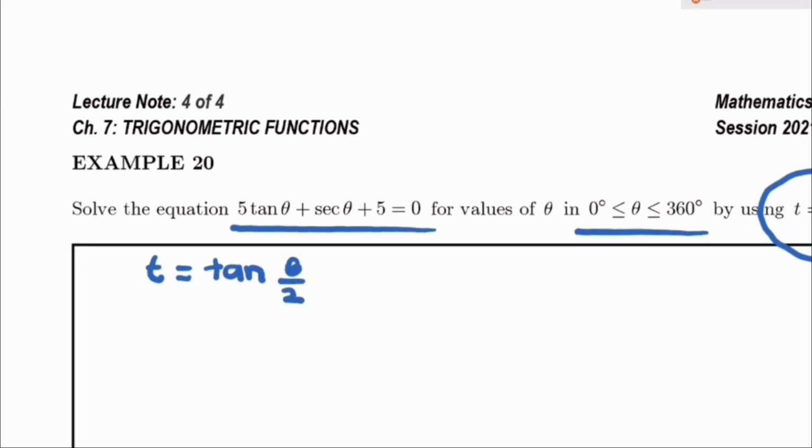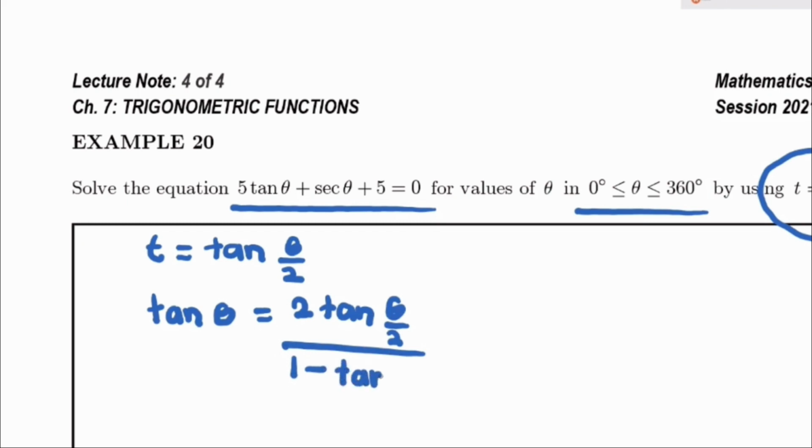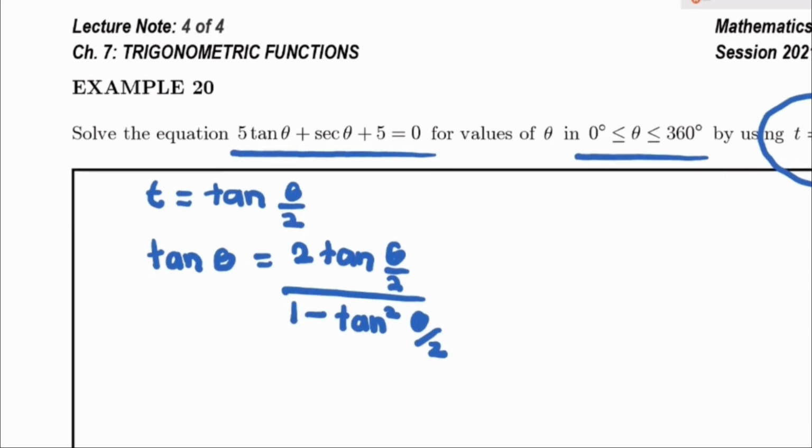Now you use the half angle formula. Half angle of tangent theta equals 2 tangent theta over 2 divided by 1 minus tangent square theta over 2. So we change in terms of t: 2t over 1 minus t square. This one is tangent theta.